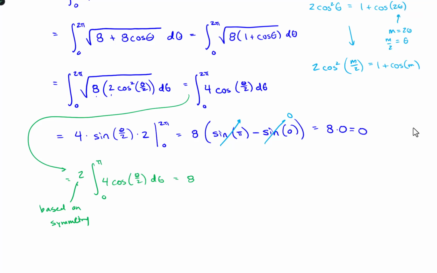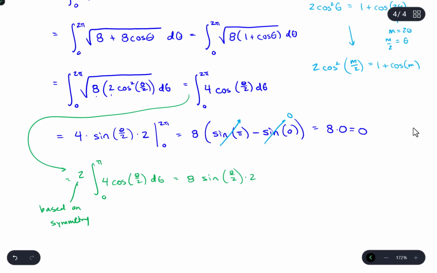And then I would have, of course, sine of theta over 2 times 2 again, same integral function or antiderivative. And then I'm going from 0 to pi instead of 0 to 2 pi. So this results in a multiplier of 16 times the sine of pi over 2 minus the sine of 0 again.